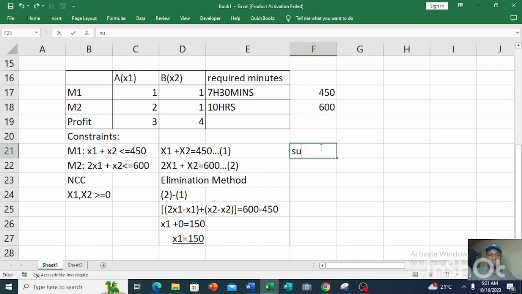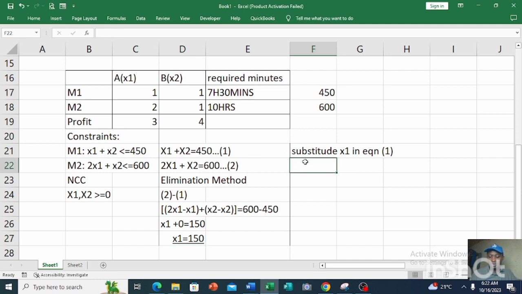So now we substitute x1 in equation 1. So meaning anywhere we see x1 in this equation, we are going to put 150, which is the value of x1.